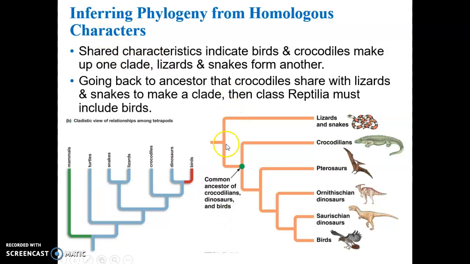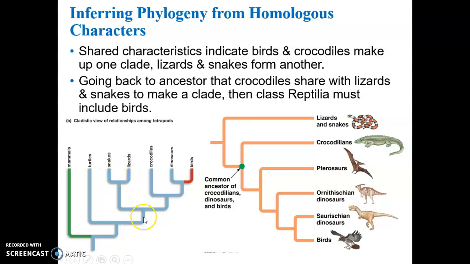So going back to examine the ancestor of the crocodiles, that is also inclusive with the ancestor of the lizards and snakes. Now we can form a larger clade, which includes their common ancestor. If we look at that situation on the phylogeny on the left here, lizards and snakes would be here.